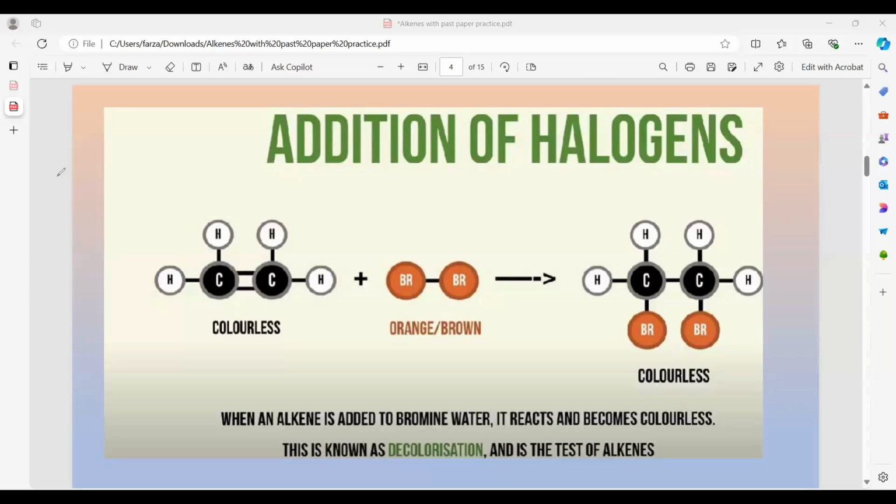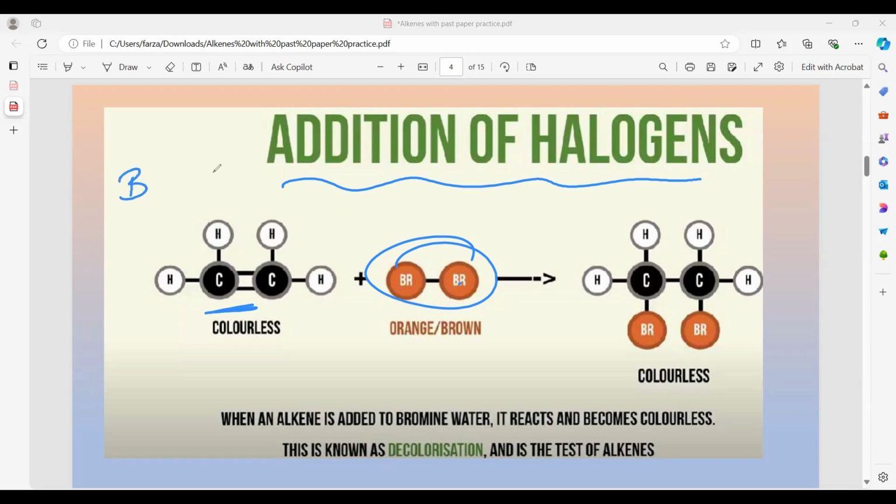So our next reaction is addition of halogens, and similar to hydrogenation, the carbon double bond breaks, and the bond in the halogen also breaks. For your level, the IGCSE level, you need to know about addition of bromine and chlorine. These are the two reactions that you need to know.